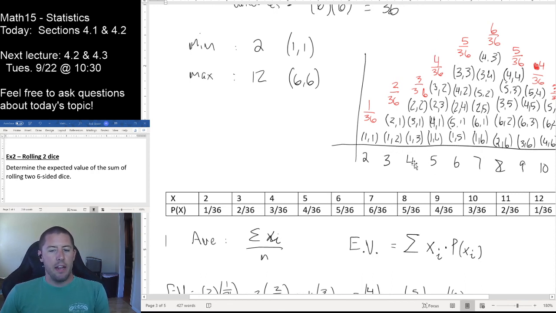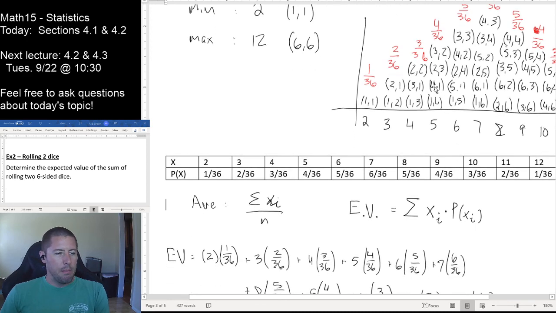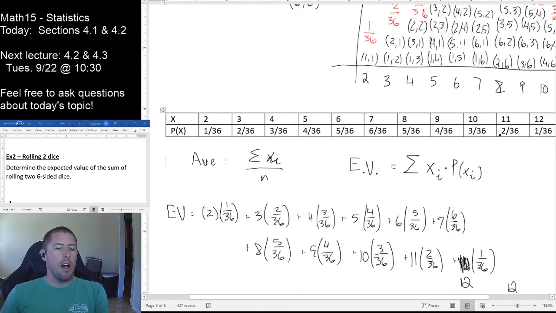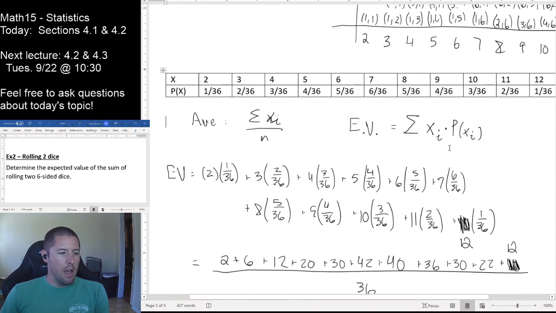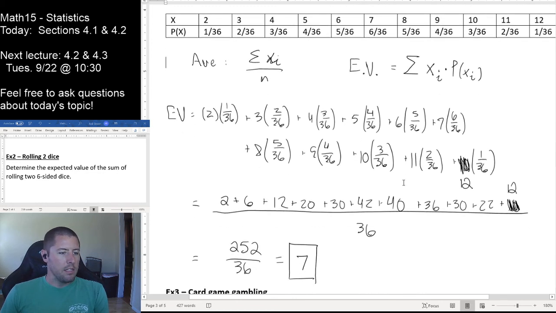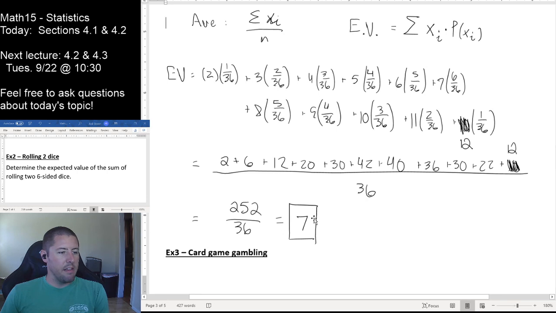There's a lot of data contained in this table that was summarized nicely. I would call this table our probability distribution function. It lists all possible outcomes and the associated probability of that outcome. We can directly use it to multiply down each of these individual columns and add up all the terms. This resulted in us getting the event of 7.